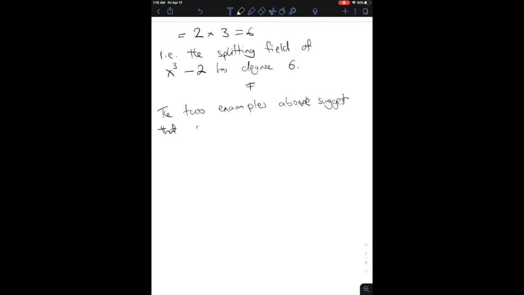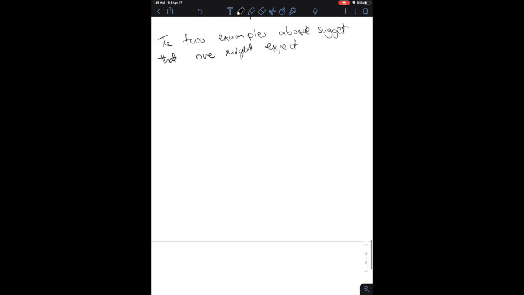So the two examples above suggest that one might expect that the cardinality of the group of automorphisms of K which fix F in a field extension K over F is always less than or equal to the degree of the field extension.